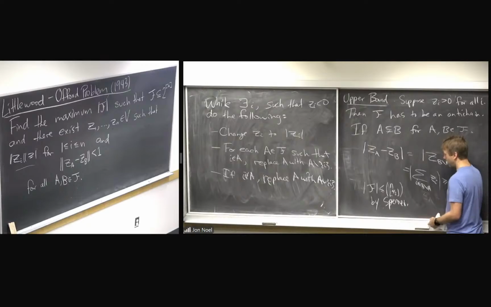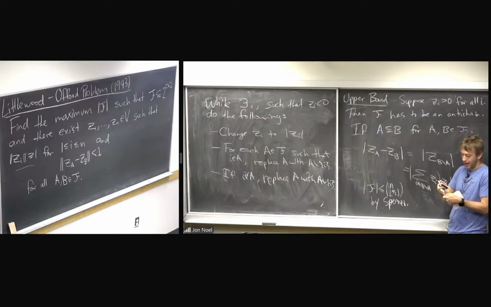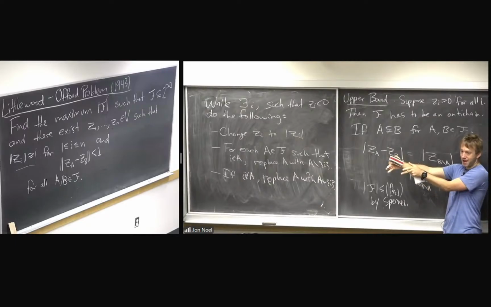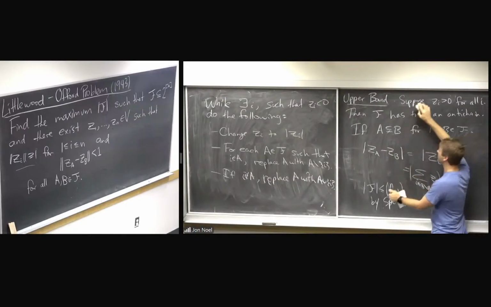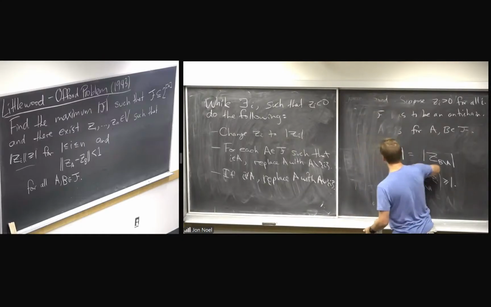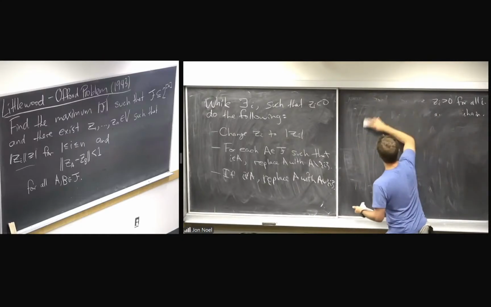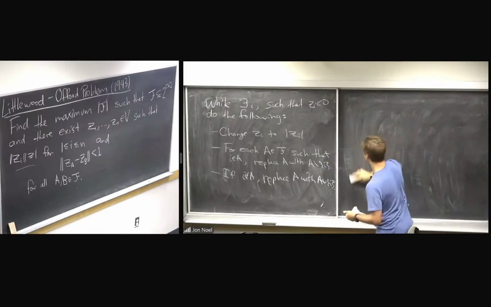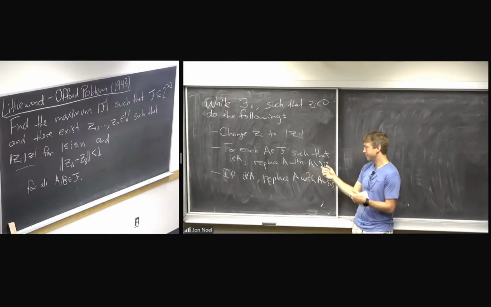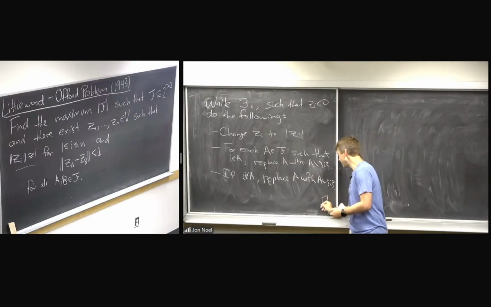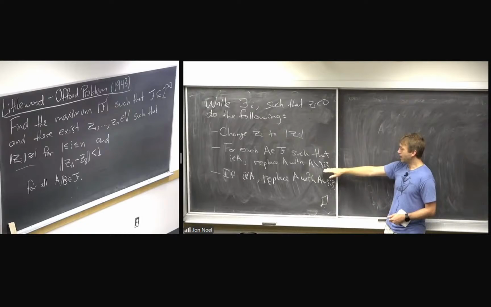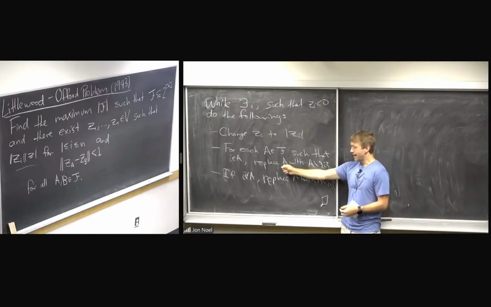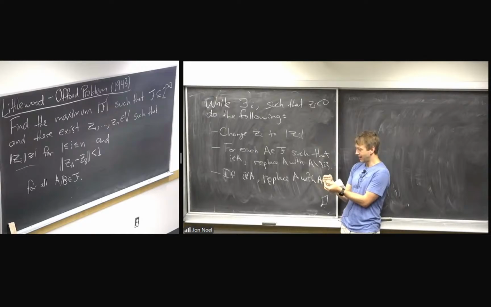I claim that all this is going to do is take all the subset sums and shift them by the same amount. If I shift them all by the same amount, they're still all close to each other. Originally this set A had i in it, which means in the sum it had a Z_i, which is a negative number.